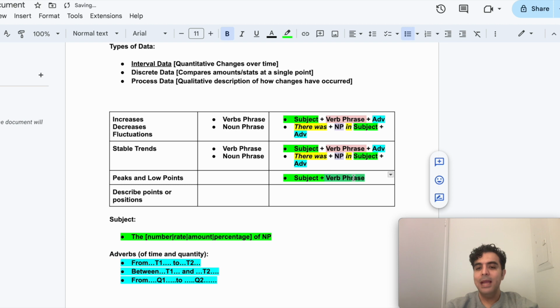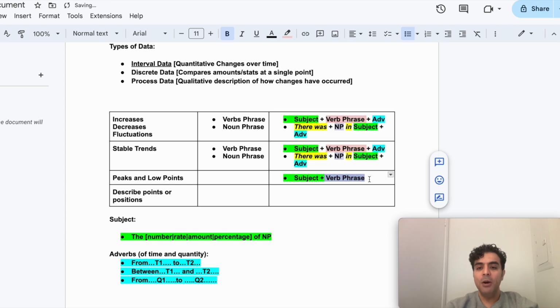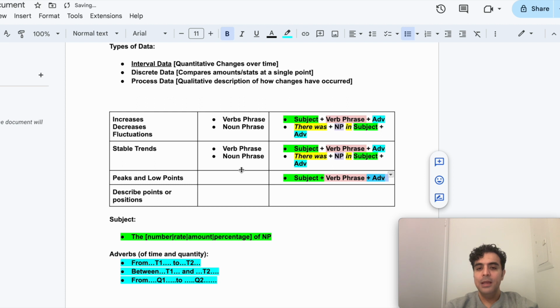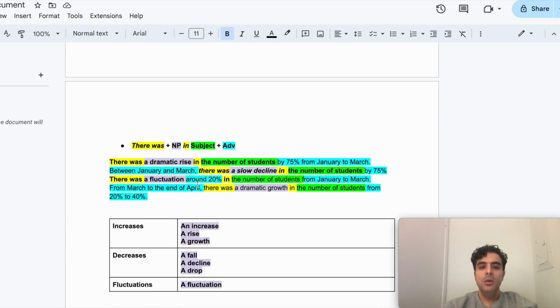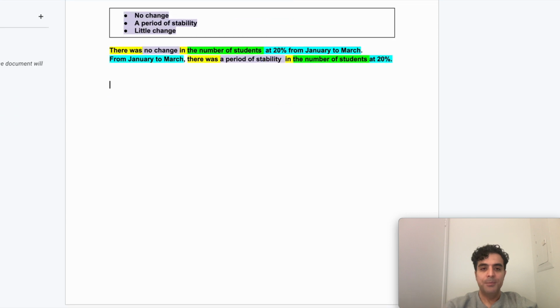So you could say that this structure is very similar to the verb phrase structure that we have seen before. And then you add your adverb to the end. So essentially, it is a verb phrase structure, but the verb phrases that we use have to describe peaks and low points. Let me show you what I mean by looking at a few examples here.